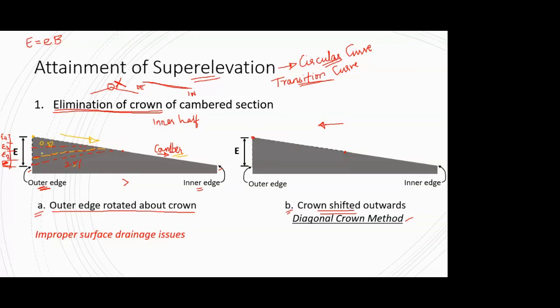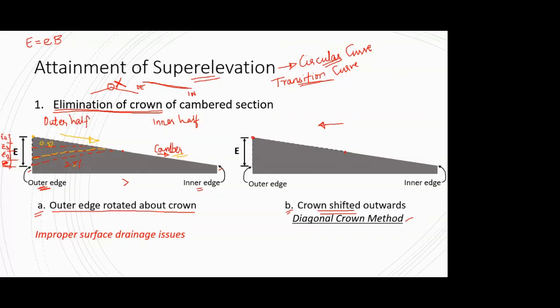In this process, when we are raising our outer edge step by step, E1, E2, E3, we are making the camber on the outer half of the pavement mild.